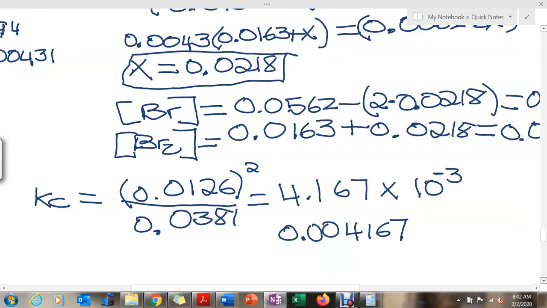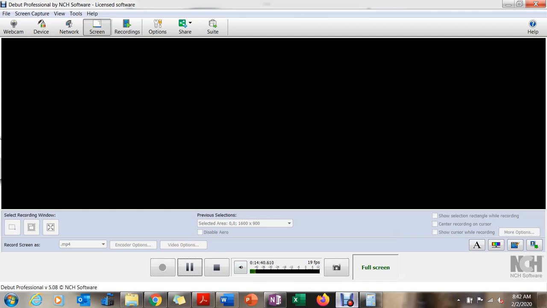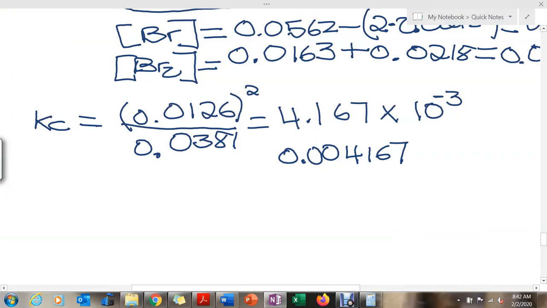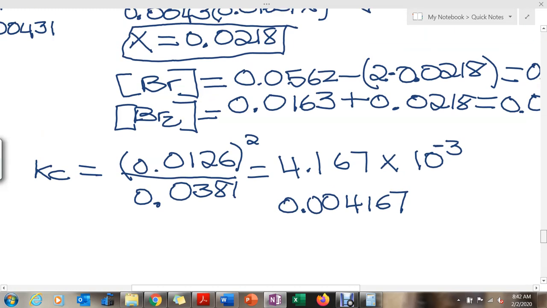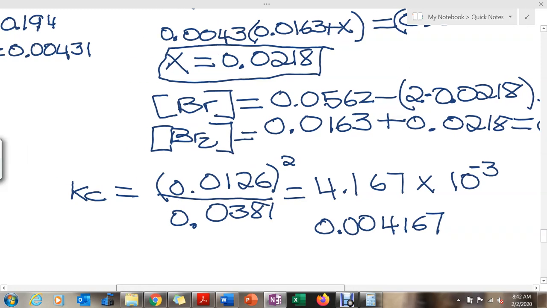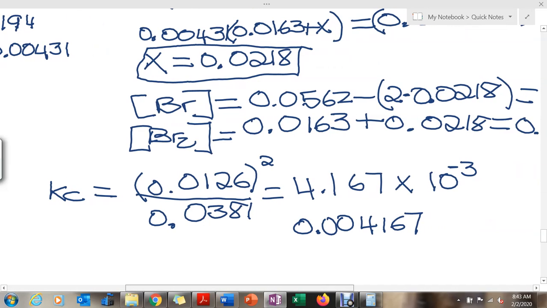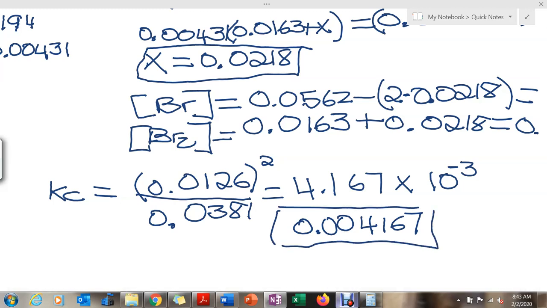So if you look at this, it's going to give you 4.167 times 10 to the negative 3, 0.004167, and here is 0.00431, and I missed a 1 here, sorry, when I was showing how to calculate it. So it's very similar. I would say that the concentration is pretty accurate.